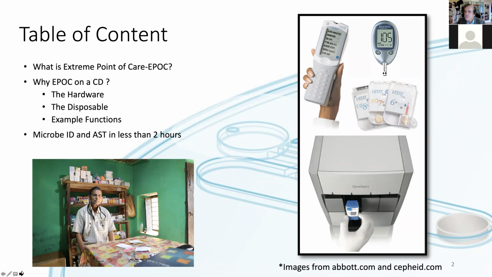And the GeneXpert at the bottom is an instrument from Cepheid, which is already a little bit more sophisticated. Here we do PCR, or DNA amplification. And it's that kind of instrument we want, but it needs to do a lot more, right? It needs to do identification of a microbe and then show what kind of antibiotic I should use if that's the microbe you're infected with.